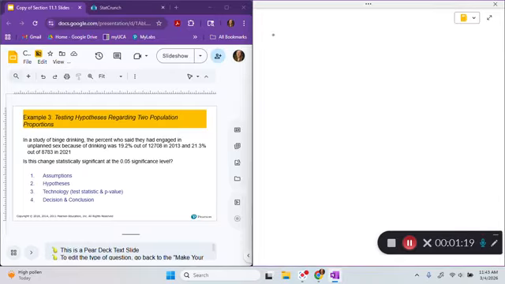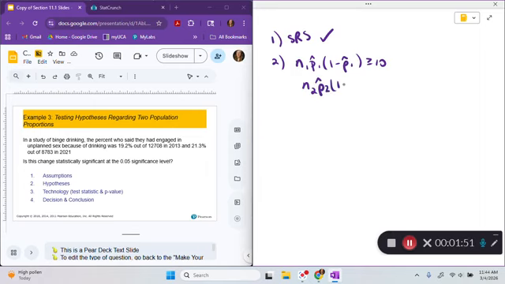Our assumptions: number one, that we would have some sort of simple random sample here. It doesn't say that, but we will assume that it is a simple random sample. Number two, we check that n times p times 1 minus p, or n1 times p hat 1 times 1 minus p hat 1, is greater than or equal to 10, and then we'll do the same thing for our second sample.